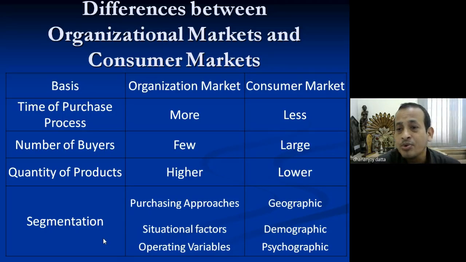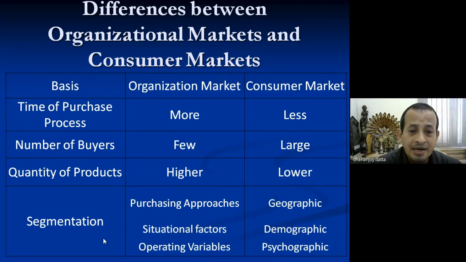But in case of consumer market, consumers spend less time, because consumers purchase in less quantity for family, personal and household purposes. So the time involved in the purchase process is less for the consumer market.